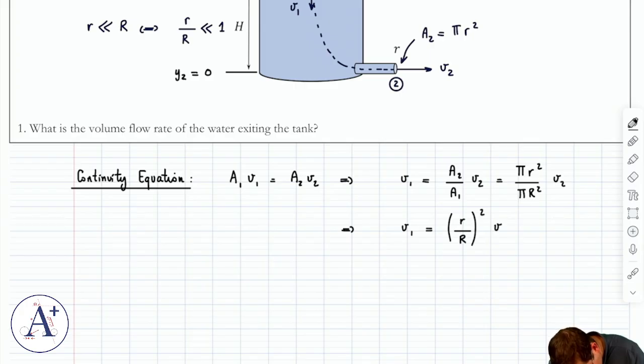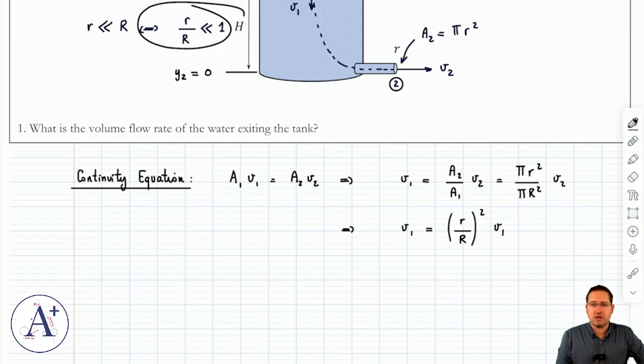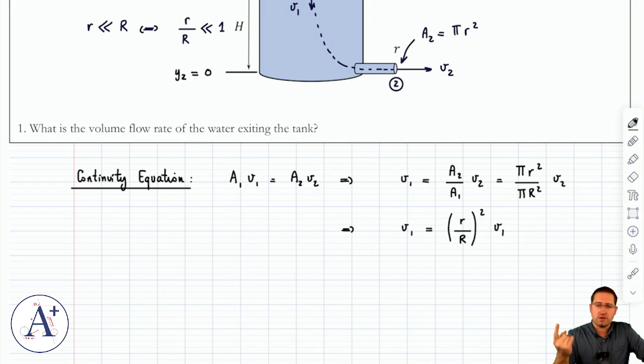So V1 is equal to little r over big R, squared, times V2. Well, I already know that r over big R is very small in front of 1. If you square a number smaller than 1, it becomes even smaller.